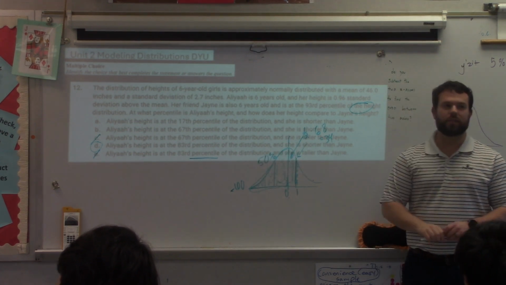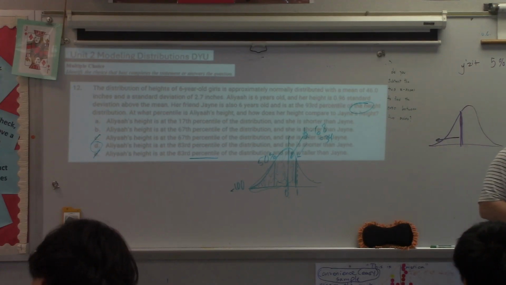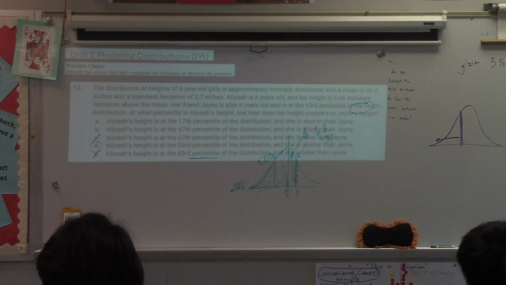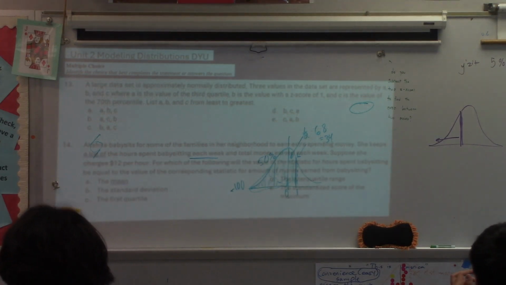So what total percent is that? 84. We don't have the full 84%, which is why it's the 83rd percentile. The empirical rule can be really quick and useful, which is why we want to know it, but you can use other strategies. As you said, Michael, you always have a calculator, but the empirical rule could have sped that up significantly.